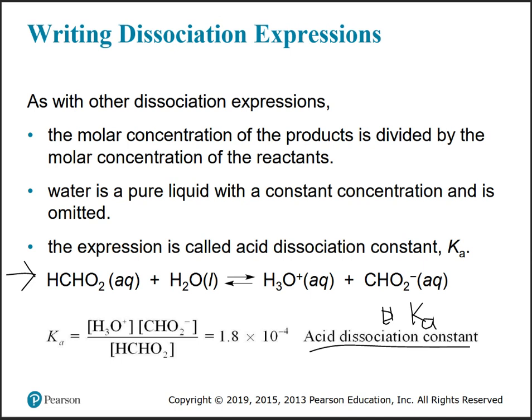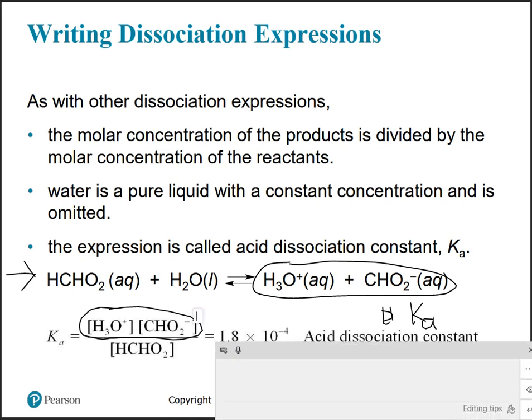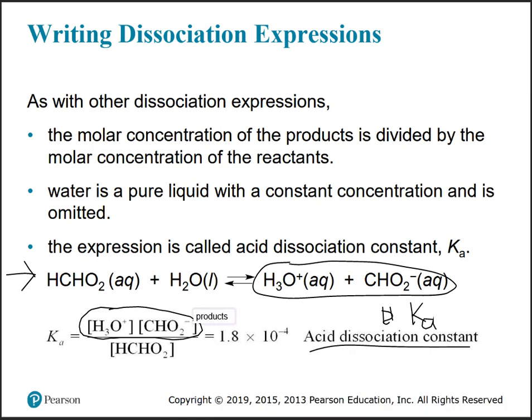The form of the Ka, on top here, these are the products, so whatever ions you're going to form. When you're writing your dissociation expression, you're going to put the products on top, and you're going to use brackets around it.